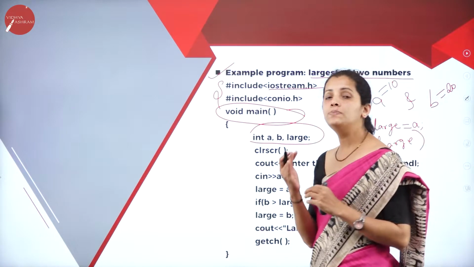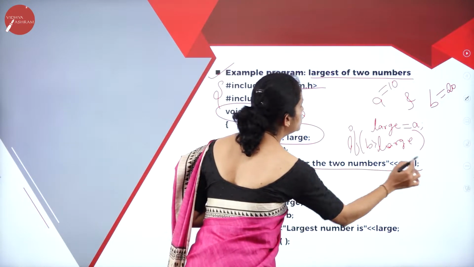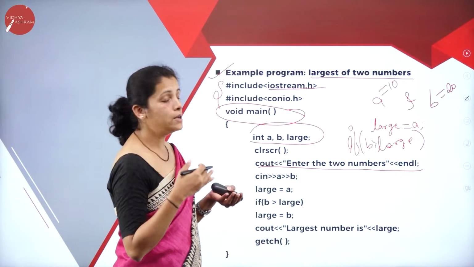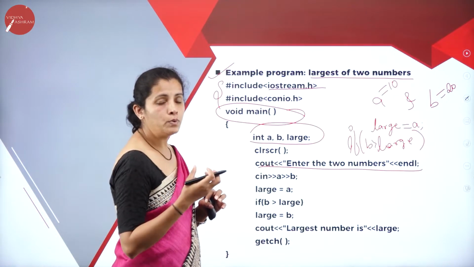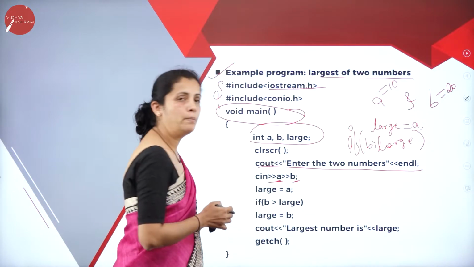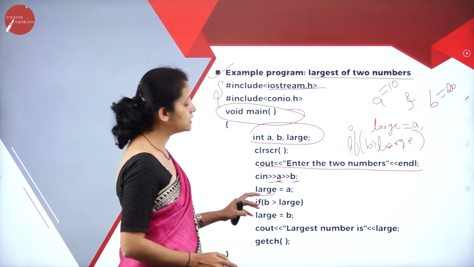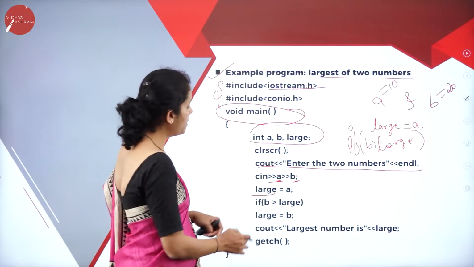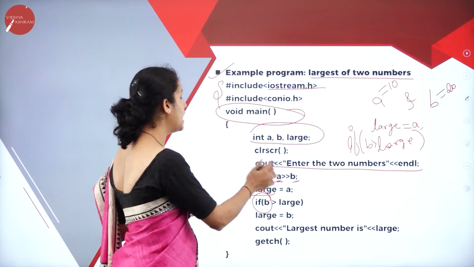Then I'm going to display the message to the user, that is enter two numbers. After that, I'm going to receive the input from the keyboard, and whatever inputs are read are stored in A and B. Now I'm going to take the variable large, and I'm going to assign the value A to large.